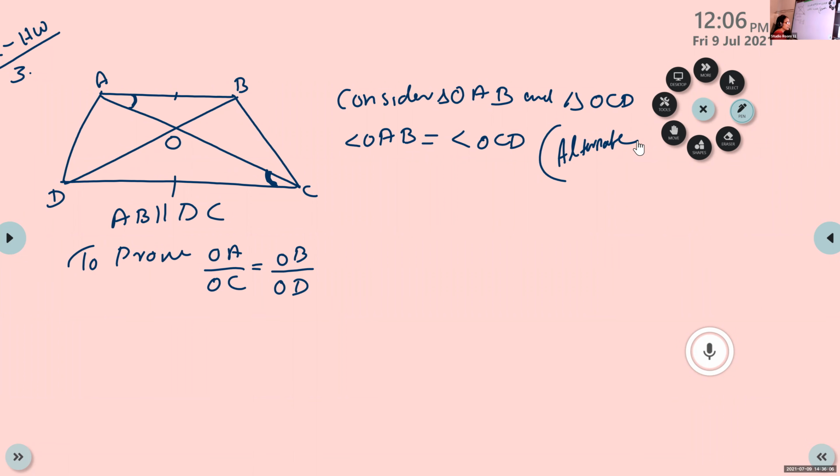Anandu, what about angle B and angle D? Which type of angles are they? Are they equal? Unmute and say, Anandu.